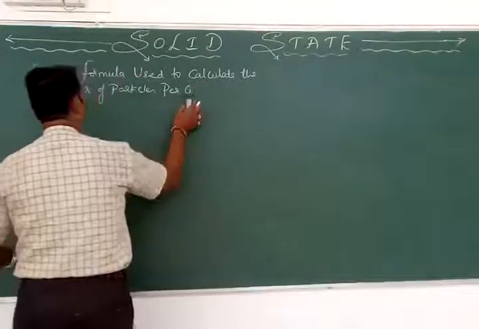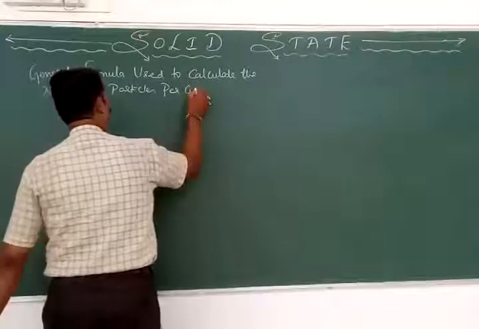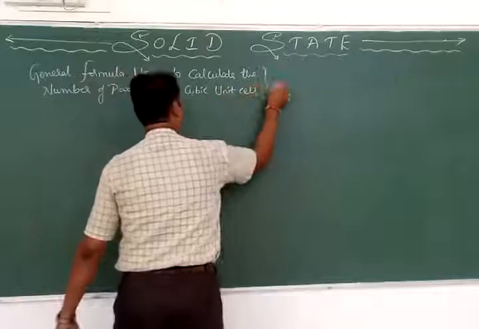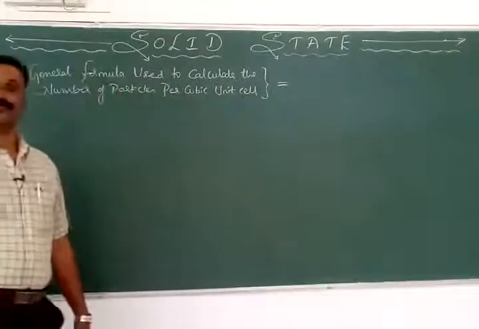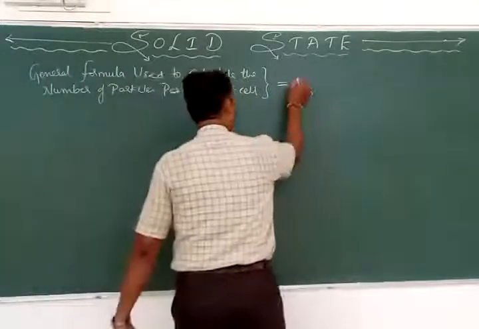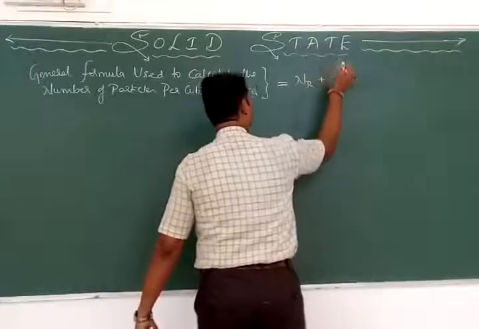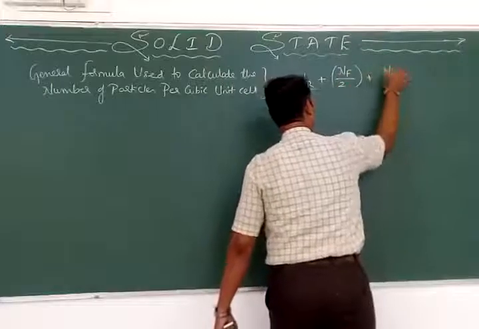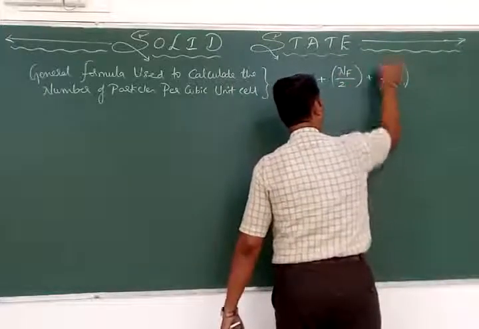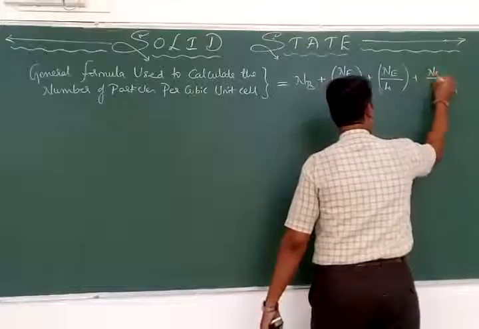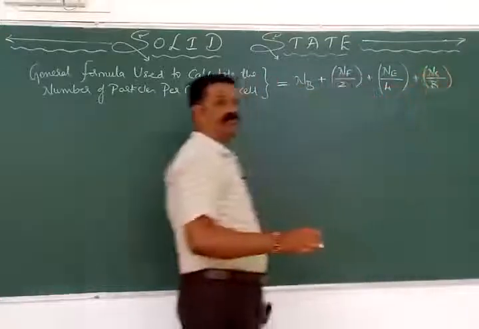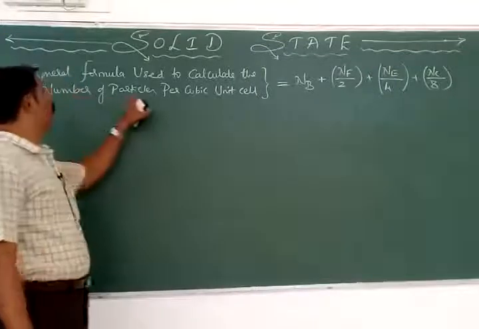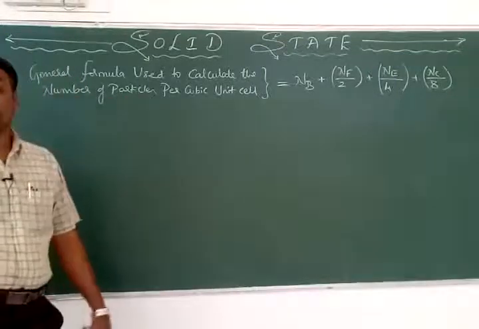The number of particles per cubic unit cell is given by the formula NB plus NF by 2 plus NE by 4 plus NC by 8. This is the general formula for the calculation of the number of particles present per cubic unit cell.